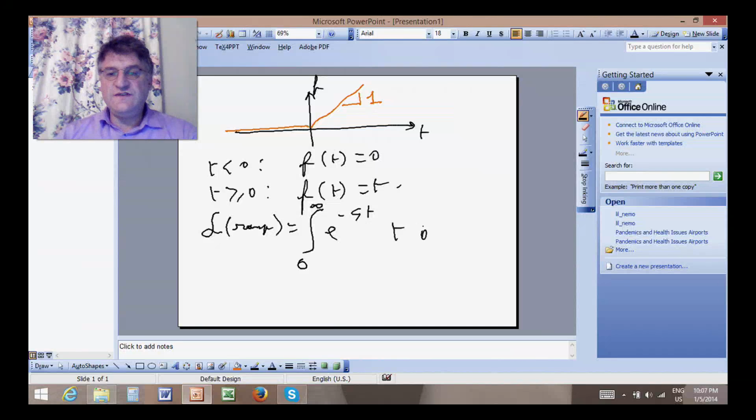Now, how do we compute that? First of all, we need the same convergence properties, such that this tends towards 0 when time tends towards infinity, which is not given, but as long as s has a positive real part, that works. And then under this condition, the best thing is to do an integration by parts.